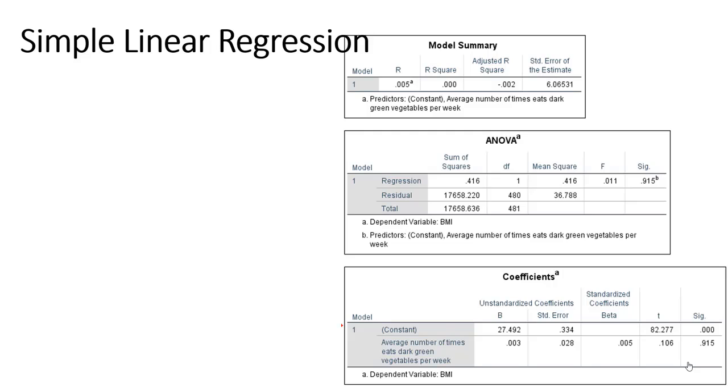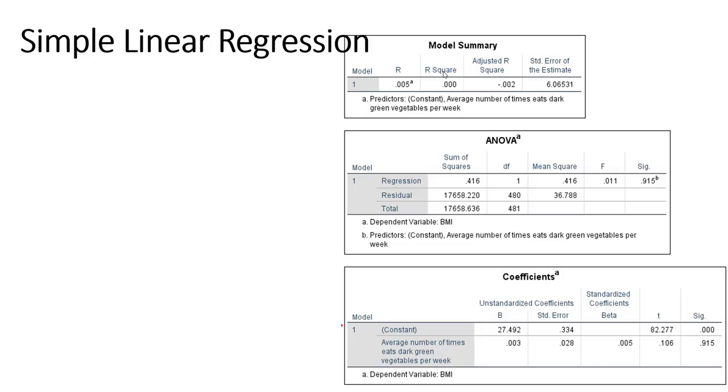Shown here is the output of regressing green vegetable consumption as the predictor variable on BMI, or body mass index, as the dependent variable. The model fit can be ascertained from the model summary table. This table reveals the model R-squared value, which ranges from 0 to 1 and depicts the level of association between the two variables.